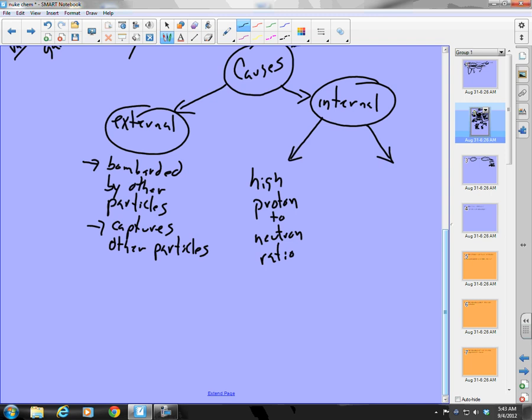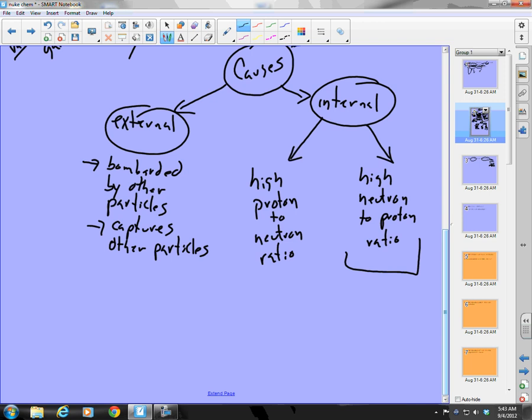In a stable nucleus, we have so many protons and so many neutrons, and they're in a certain ratio. If I have too many protons, then that nucleus will be unstable. Or the flip side, a high neutron to proton ratio. Good. Now, can you give me a rule of thumb about when I can expect something?